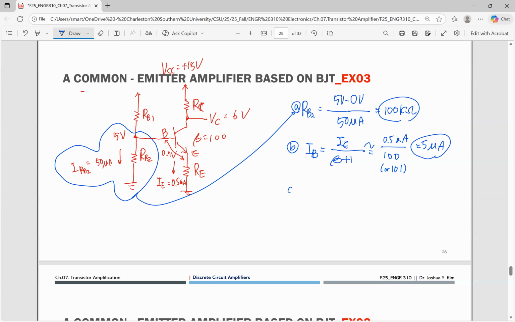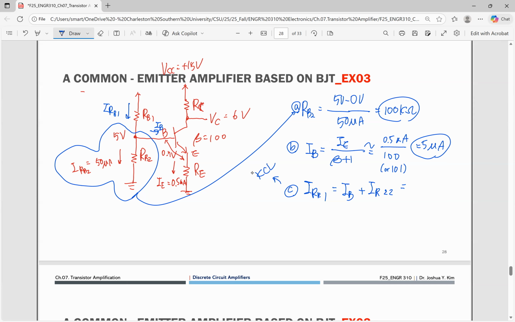Okay. Now, the current in R sub B sub 1, what is it? R sub B sub 1 carries I sub B plus the current of R sub B sub 2, by the KCL rule.